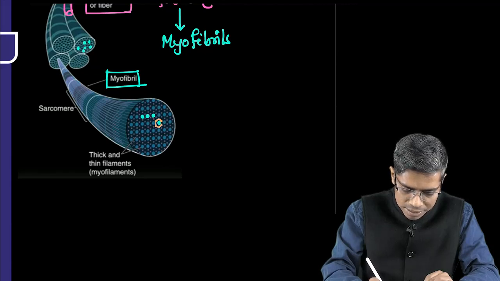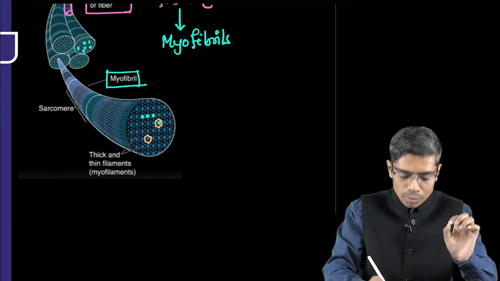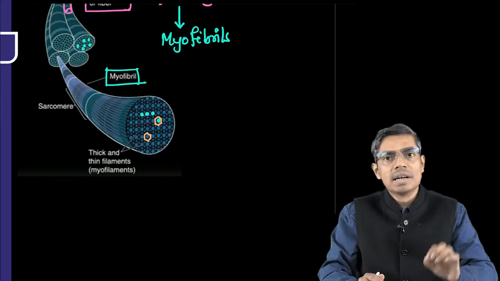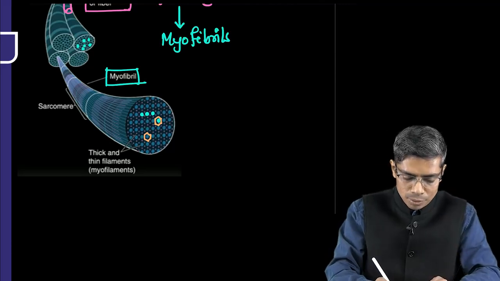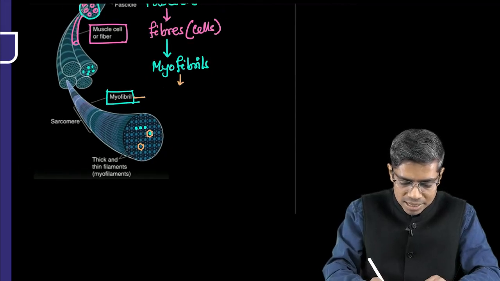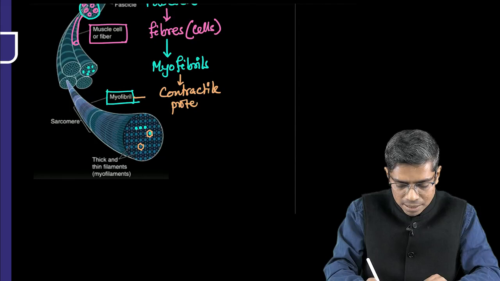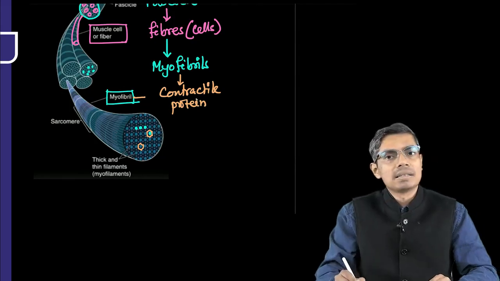If you count them, one myosin or one thick filament is surrounded by 6 actin molecules. So the myofibril is composed of contractile protein molecules: actin, myosin and others.